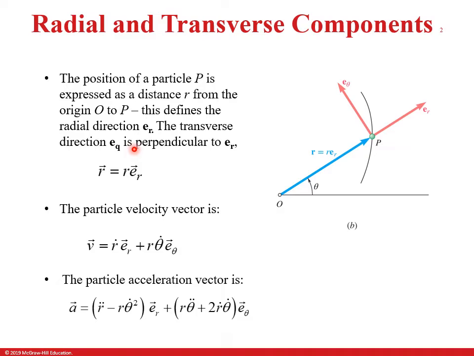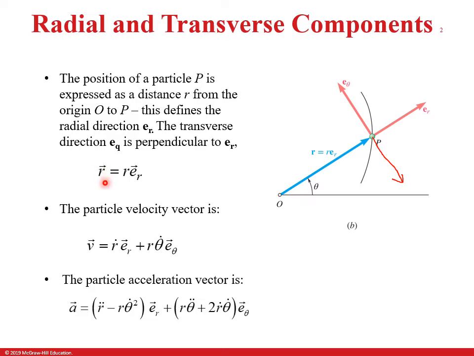I don't think you use that on too many problems, but there's a question later in the slides that uses E sub theta for some reason. So E sub theta is actually in this direction.